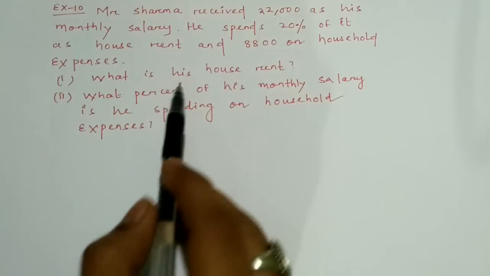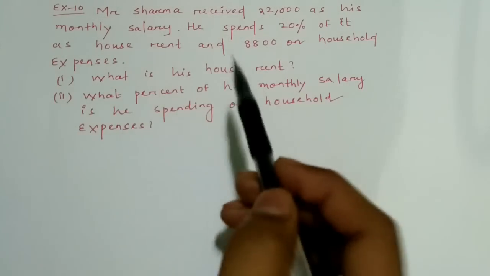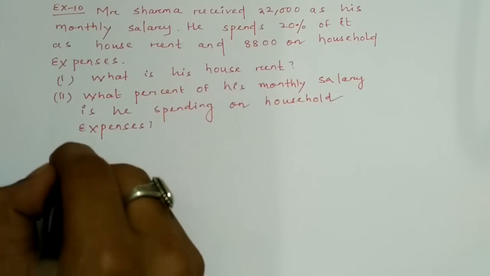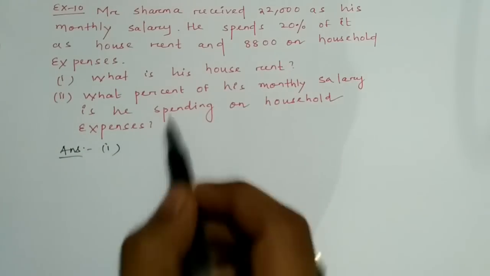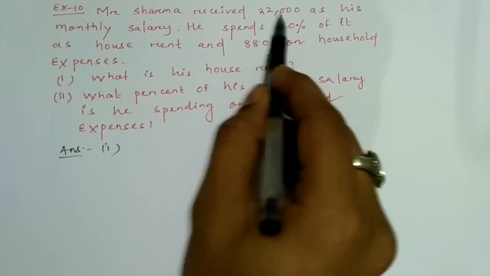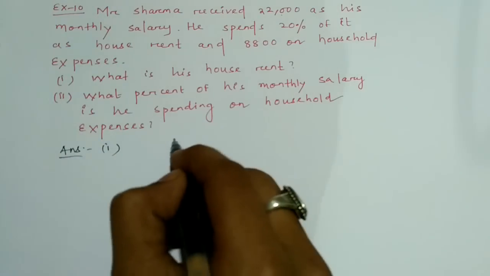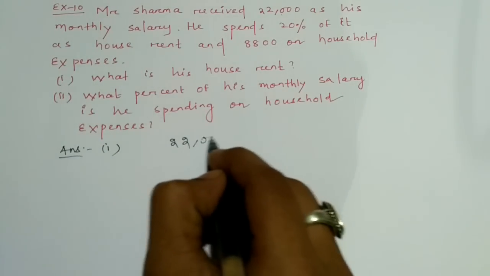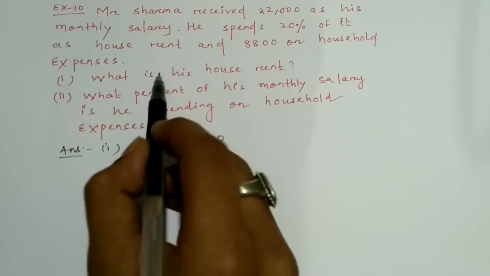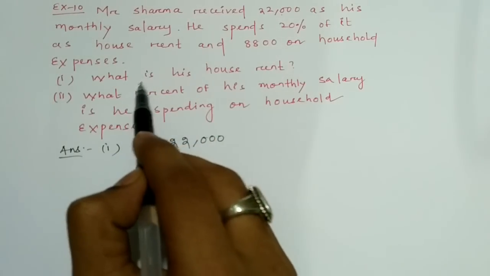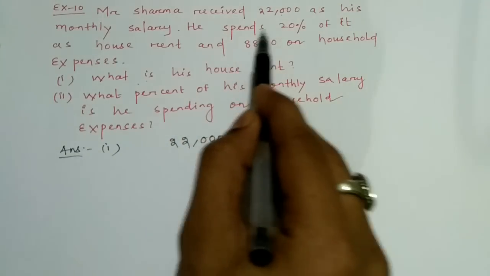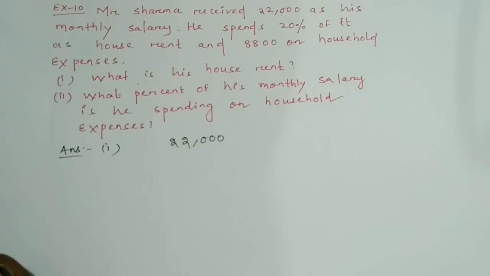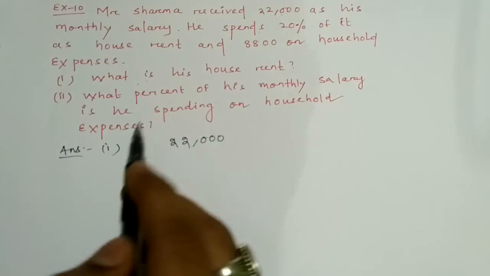The first question is, what is his house rent? So the total monthly salary is 22,000 rupees. The question is what is his house rent? He spent 20% of it as house rent.